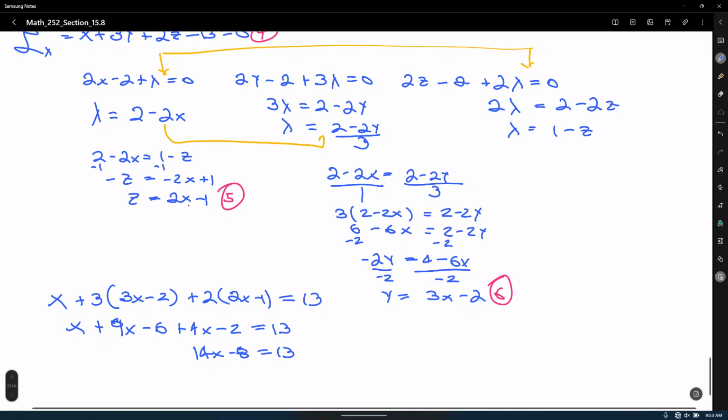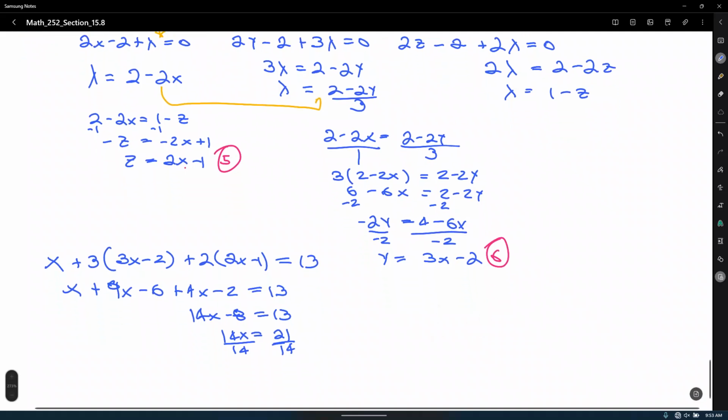Add 8 to both sides, that is 14x equals 21, and divide both sides by 14. We get 21 over 14, which reduces nicely because they're both multiples of 7. It reduces to 3/2. All right, so we have the x-coordinate of the critical point.